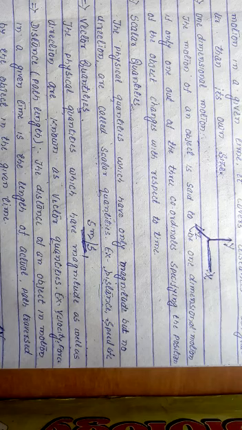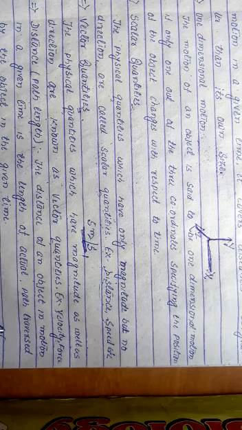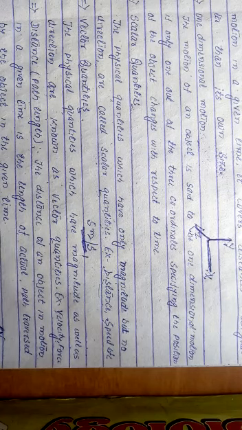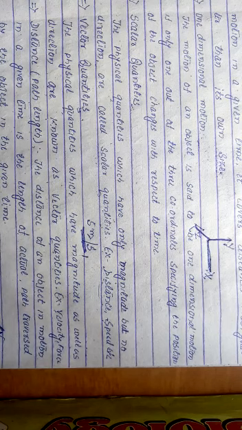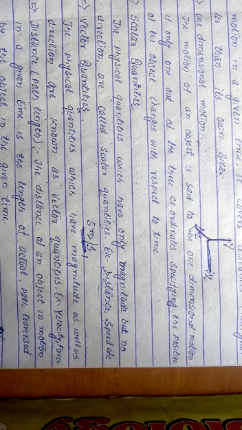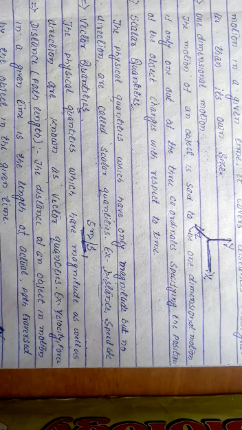The body was initially at point A. Now the body is at C. So the change in position is from A to C. The length of this line segment will be the displacement. The body has displaced through the line segment AC, which is a straight line and has a well-defined direction also. So this is known as the displacement.